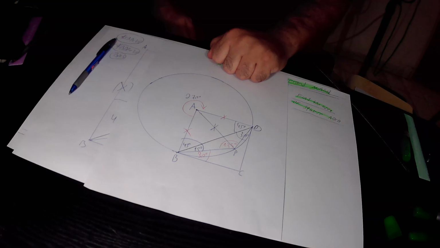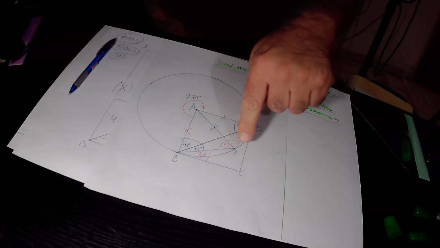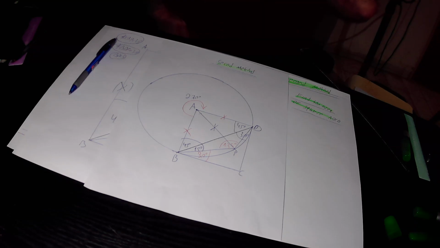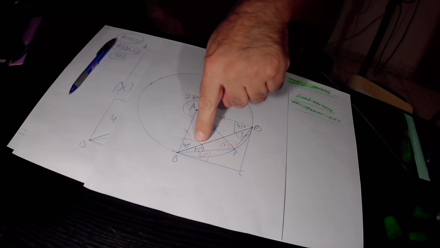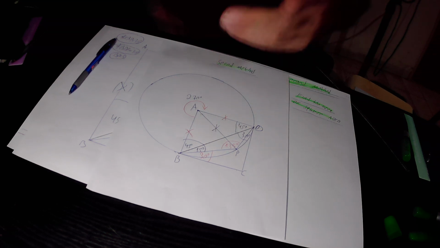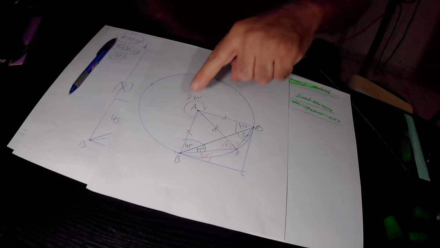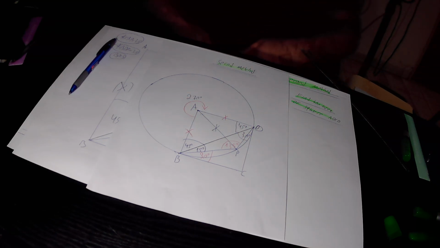So in the next step, I'll copy triangle ABP in a new page and analyze this triangle ABP. This is angle ABP, that is equal to 45 degrees plus 15 degrees, which is 60 degrees. Angle ABP equals 60 degrees in its size.